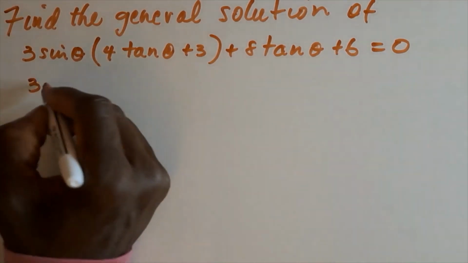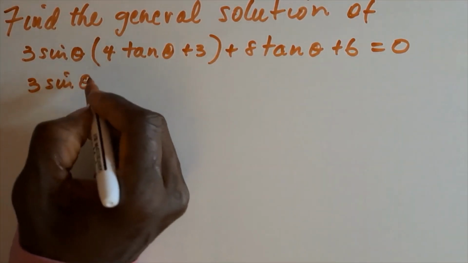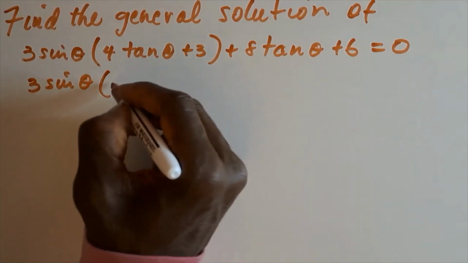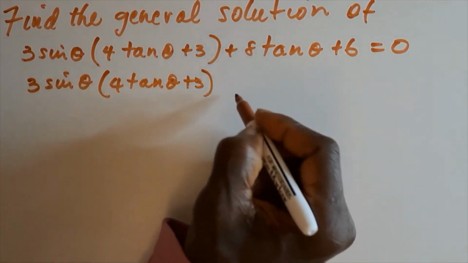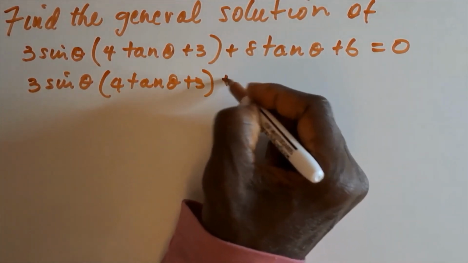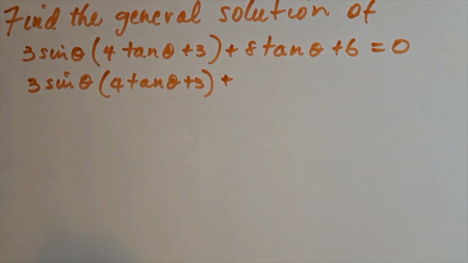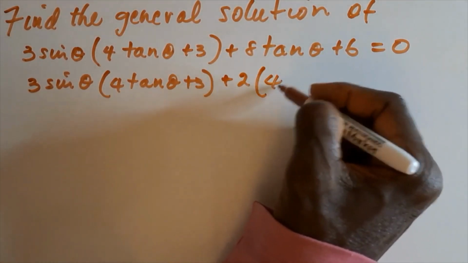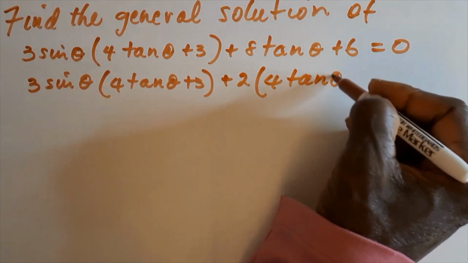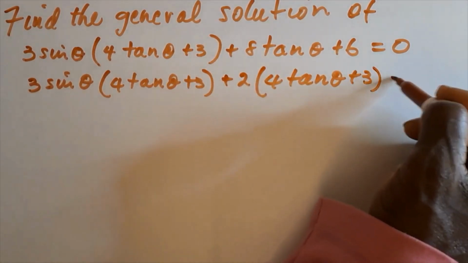So we have 3 sine theta, and for tan theta add 3. But here we can factorize this by having 2 out here to make this 4 tan theta add 3. This is equal to 0.